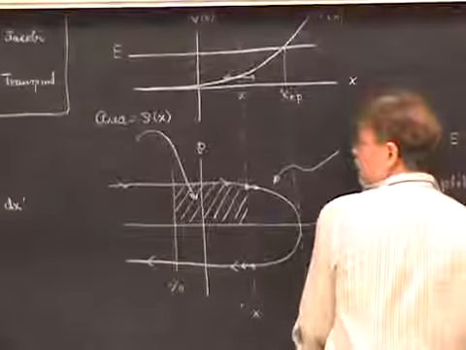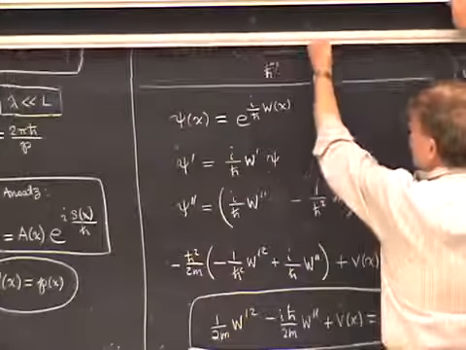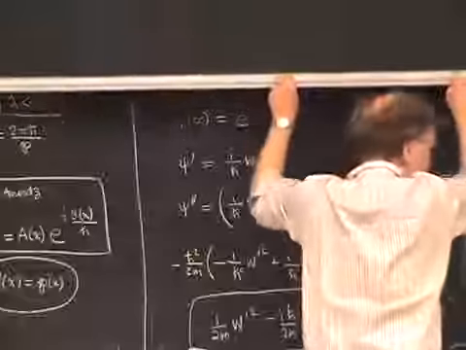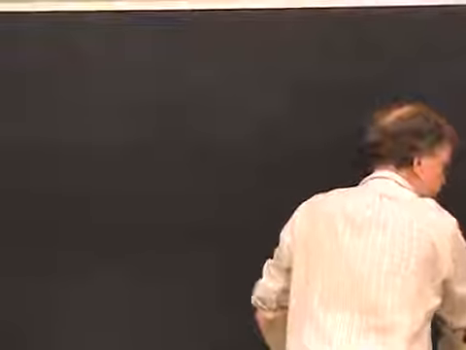I'd like to shift attention now to the quantum interpretation, but with this WKB ansatz, in particular to examine the probability density and probability current. This is only a one-dimensional problem, so the current is just a scalar instead of a vector with components.